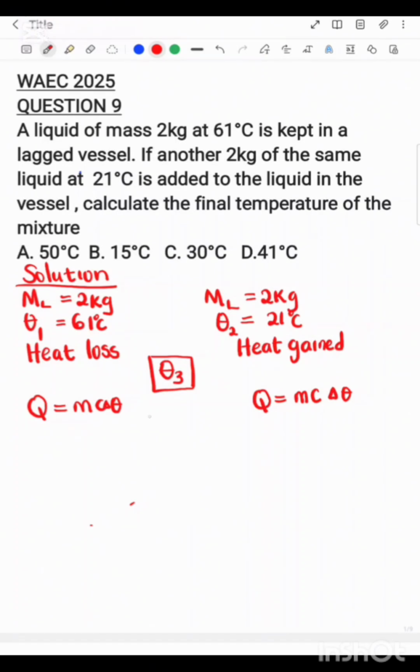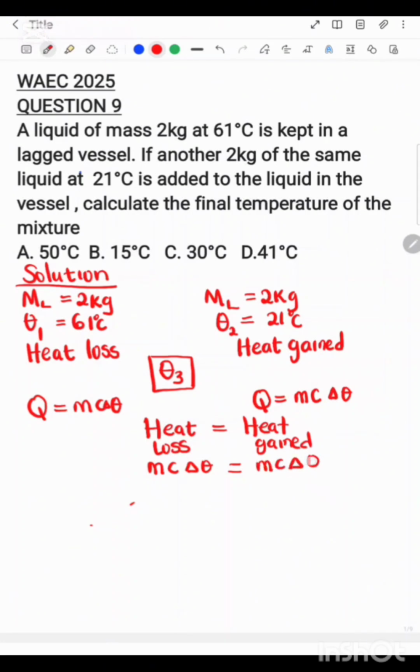So now I'm going to say heat loss is equal to heat gain. So what is heat loss? Heat loss is going to be MC change in theta for the first liquid, and the gain is going to be MC change in theta as well for the second liquid. So let's substitute.